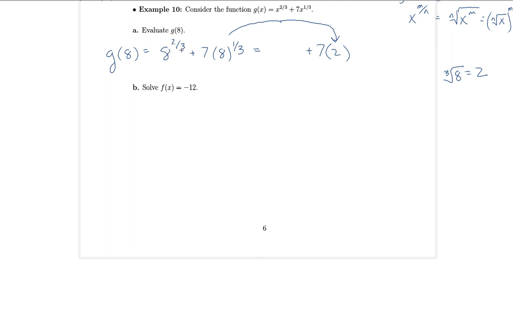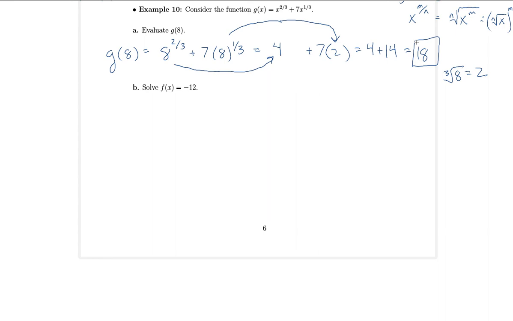So if 8 to the 1/3 is 2, then squaring it becomes 4. So I'm going to put a 4 right there. And so, of course, then we get 4 plus 14. So we get an answer of 18. So when x equals 8, the output of this function is 18.